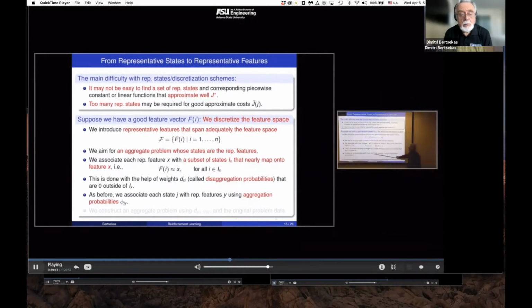We also consider aggregation probabilities, interpolation coefficients, for passing from aggregate to original cost function. And we construct an aggregate problem using the representative features, the phi's, aggregation coefficients, and these additional coefficients that relate features with states.